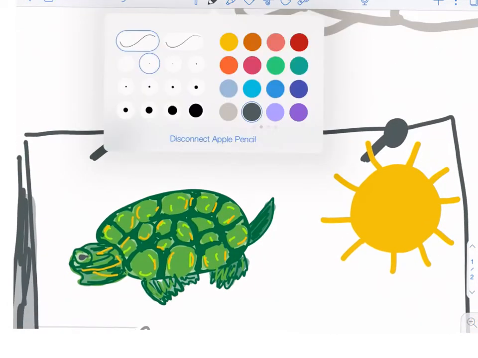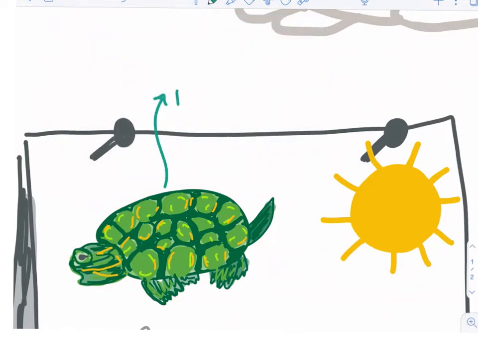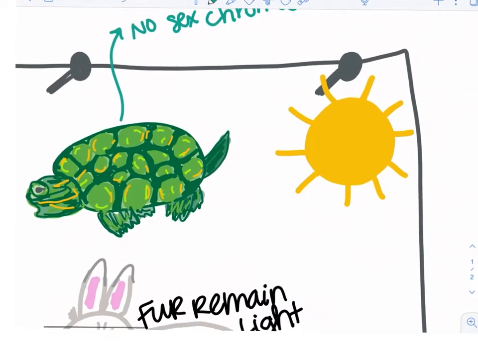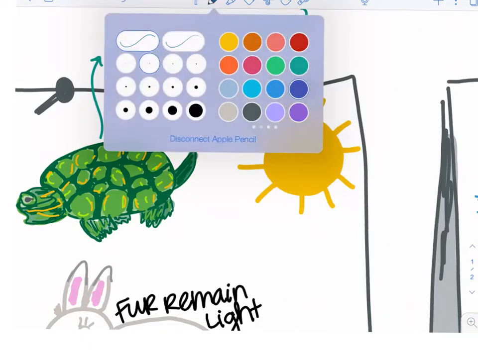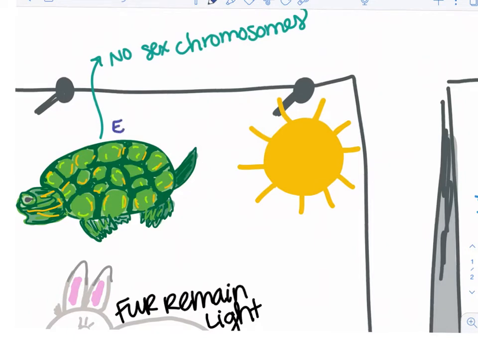So this type of turtle has no sex chromosomes, which again means there's no male or female embedded in its DNA. The sex of this turtle is determined by the temperature at which the embryo develops. So if the temperature of our embryo is a little bit warmer, it develops into a female turtle.